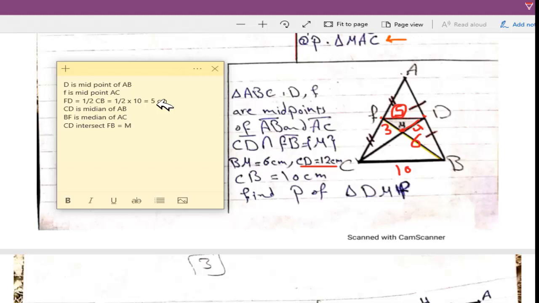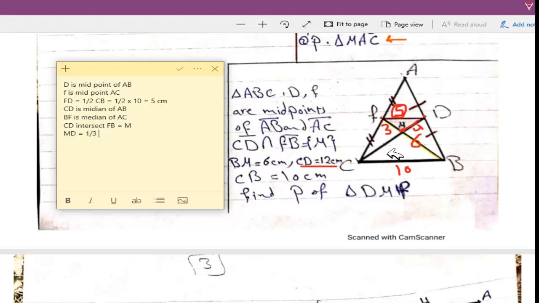So MD equals third CD, because I know CD is the median, so CD equals 12, then MD equals third by 12.